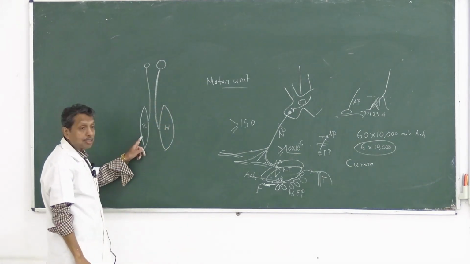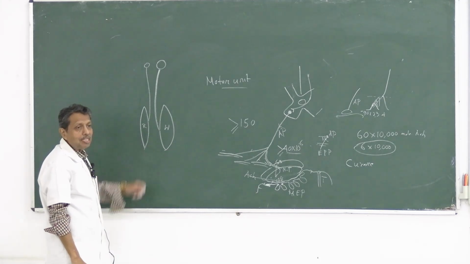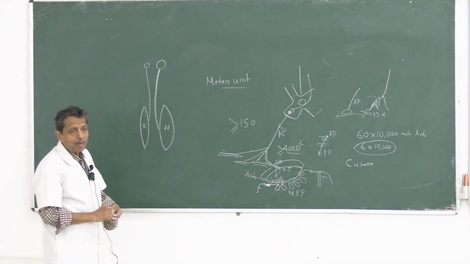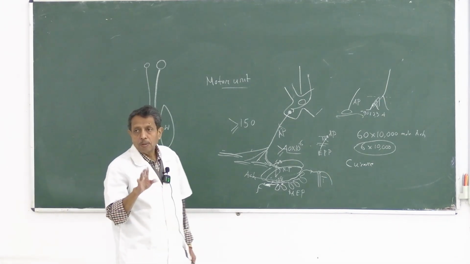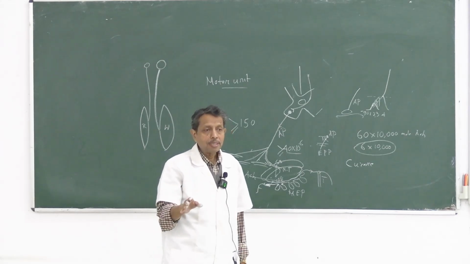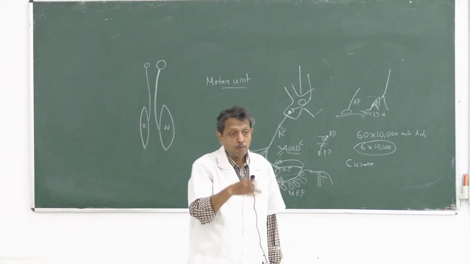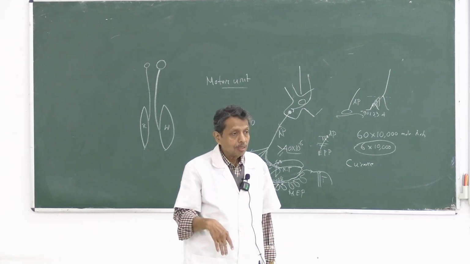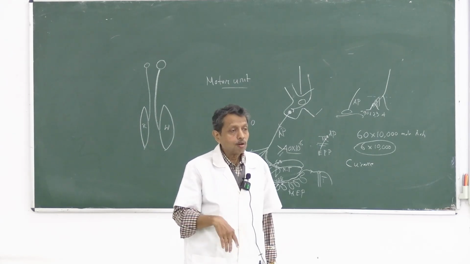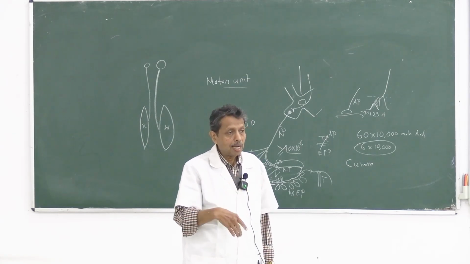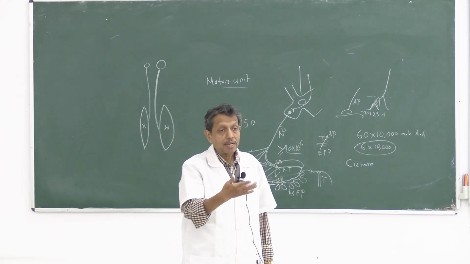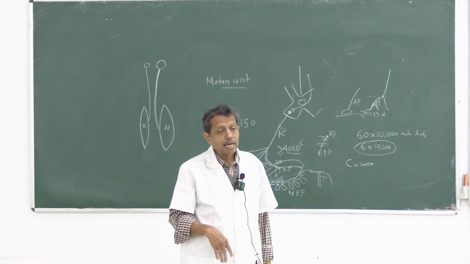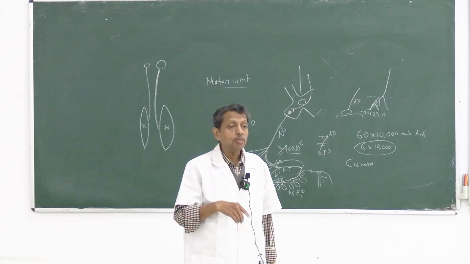And these red muscles are frequently used. In a particular muscle, there are a good number of type 1 fibers and type 2 fibers. Where type 1 fibers are much more, the color appears red due to myoglobin, mitochondria and vascularity. And they are the most frequently used units.